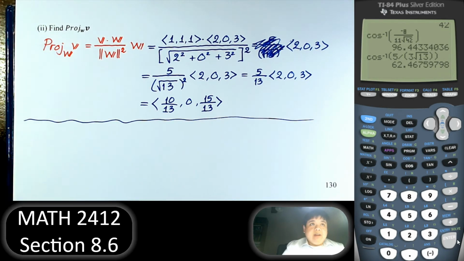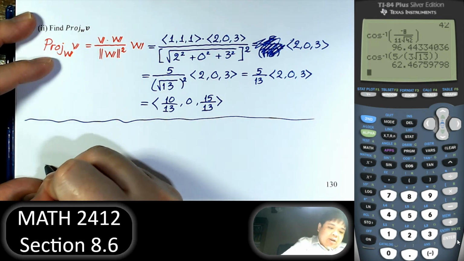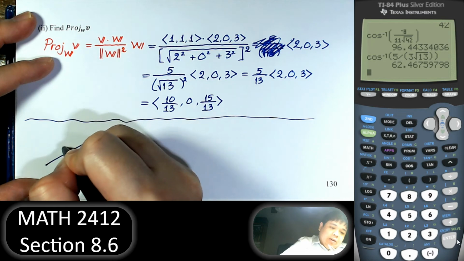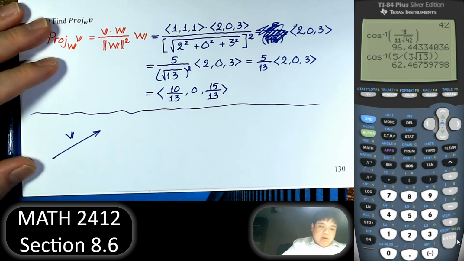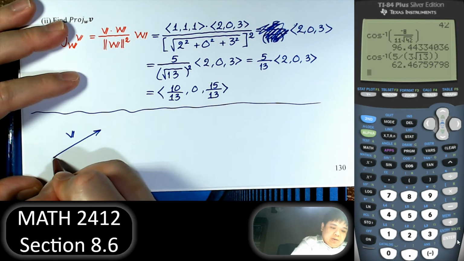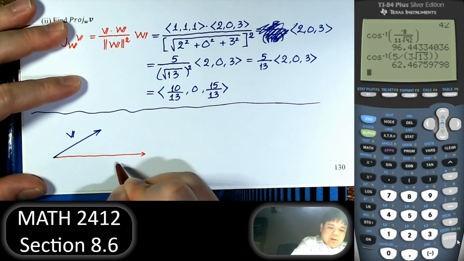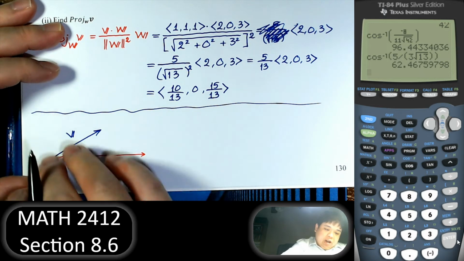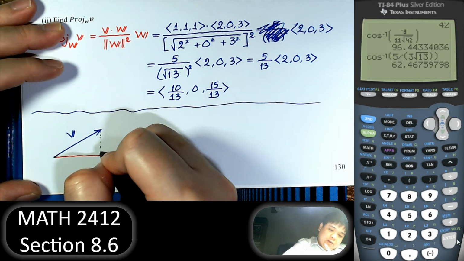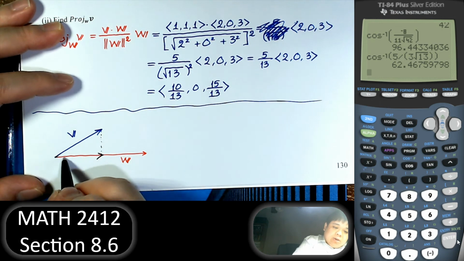Now what we have is a vector V, and then we have a vector W, and then the projection of V onto W is going to be this vector.